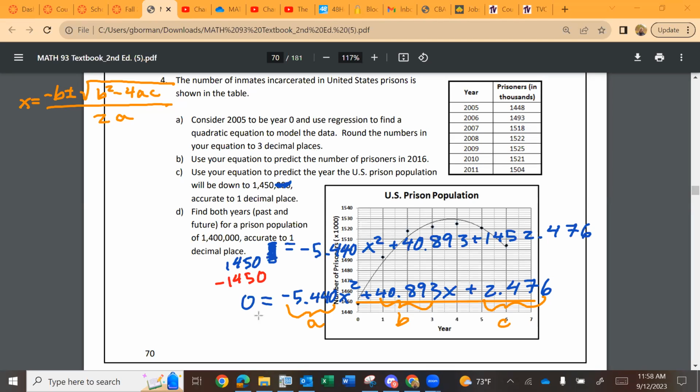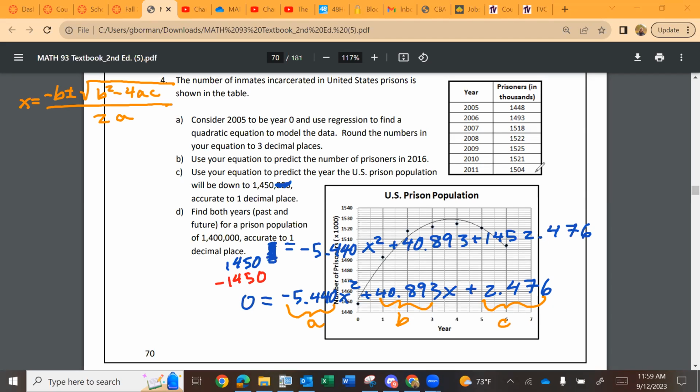Well, guess what? The equation is going to hit it right there, just to the left of the x-axis, and then it's going to go up, and it's going to come down, and it's going to hit it again somewhere. It's going to hit it in 2 places. So that's why we got 2 answers. It makes sense.